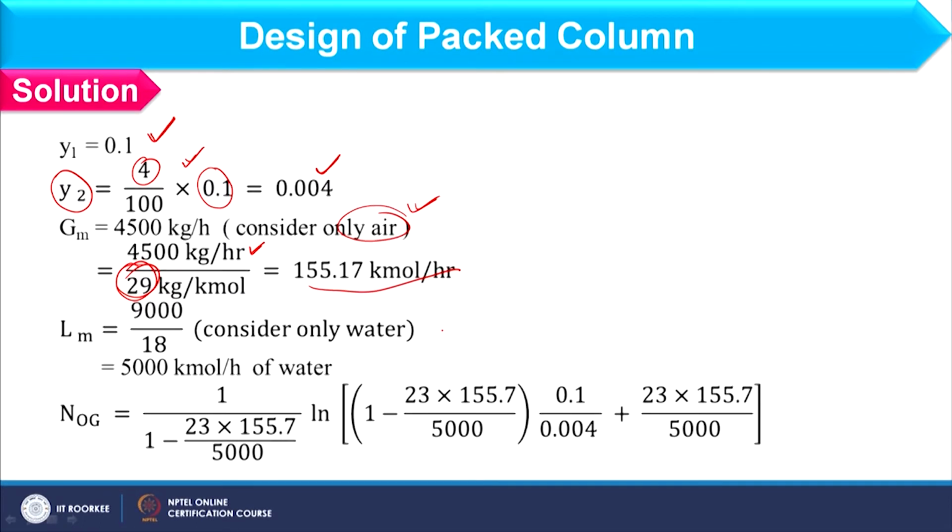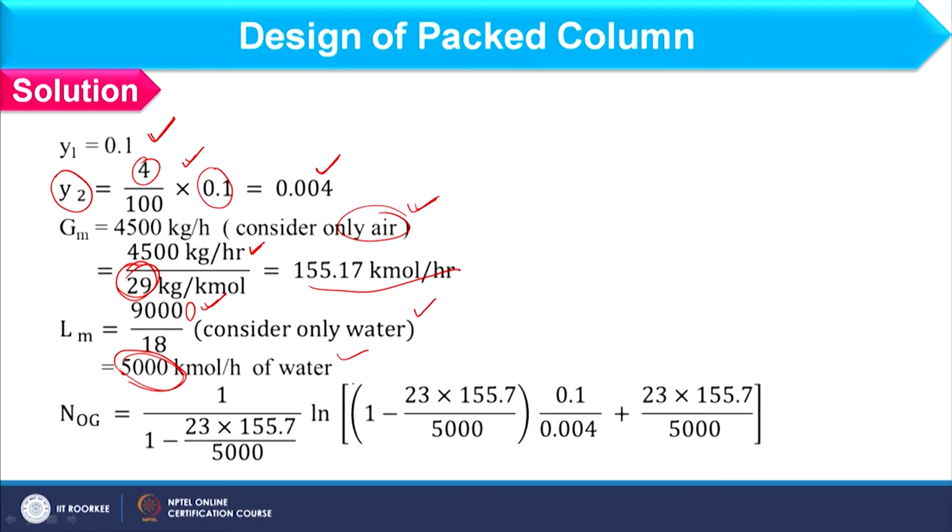In a similar way, I can find the molar flow rate of the liquid stream, that is water. Here you consider 90,000, it is not 9,000, 90,000 is given to us, and that should be divided by 18. So, 5,000 kilomole per hour of water is available.